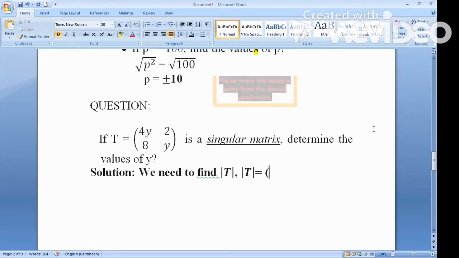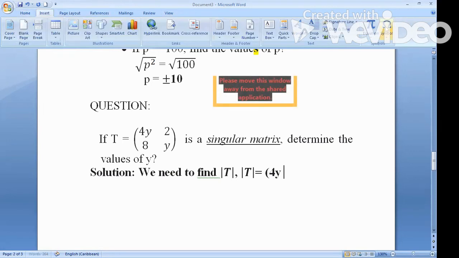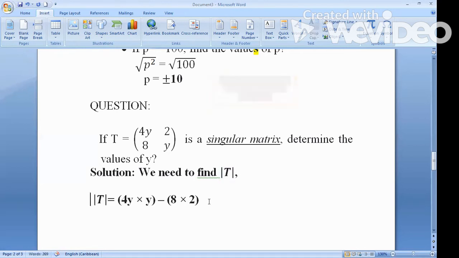What's the leading diagonal? 4y times y, minus 8 times 2. So is that gonna give you 4y squared? Very good.